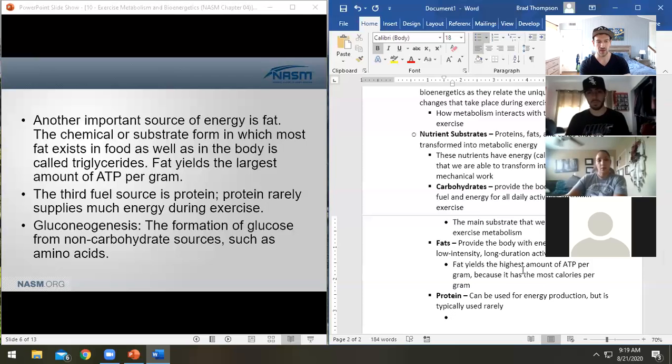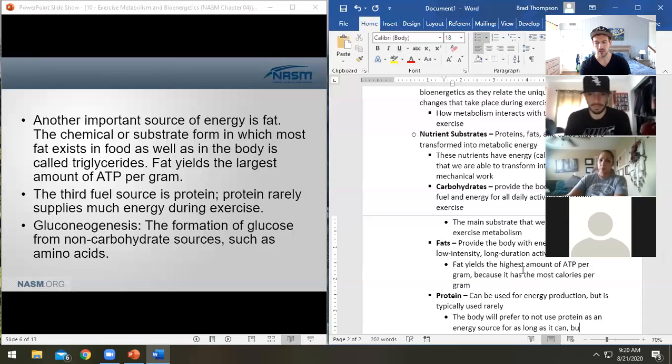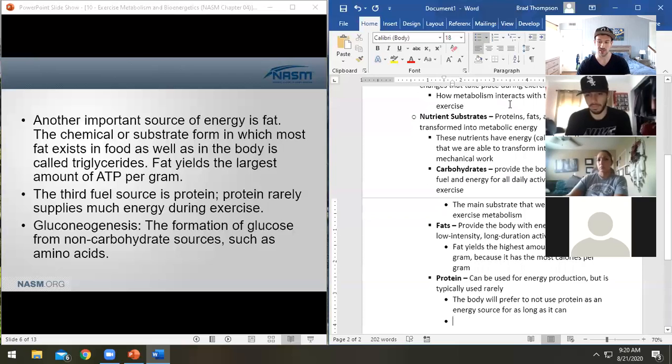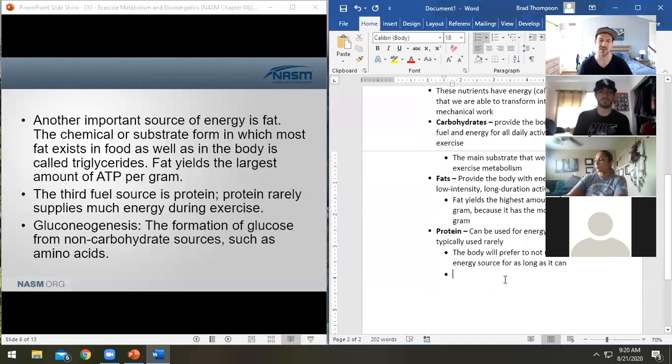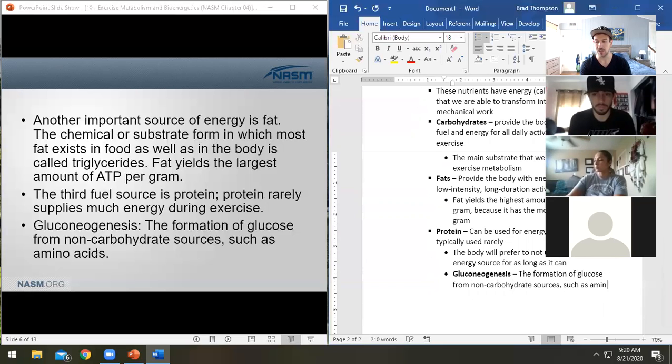But when it does, it's going to go through a process called gluconeogenesis, which I've described a few times, but we haven't really gotten this definition down in a while. Gluconeogenesis is the formation of glucose from non-carbohydrate sources, such as amino acids, right?